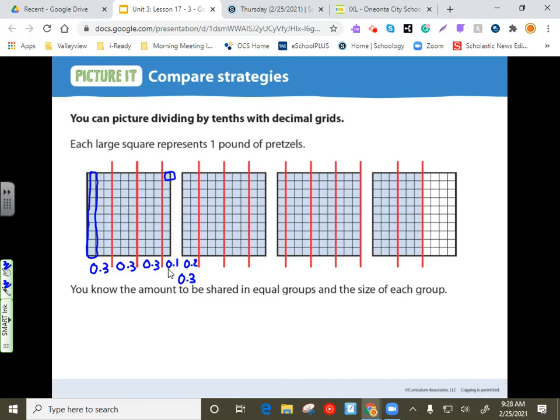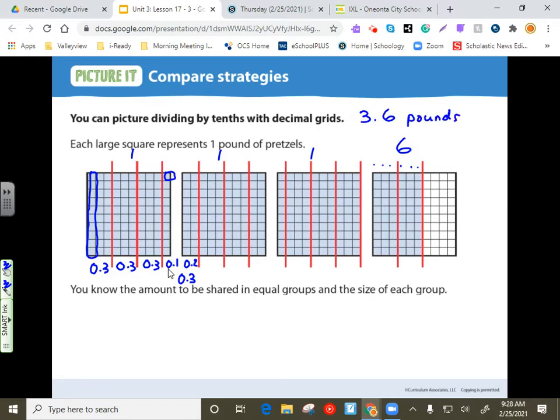So just keep that in mind. Obviously we've got 1 whole, 2 wholes, 3 wholes, and then 1, 2, 3, 4, 5, 6, 6/10. So that whole grid here represents that 3.6 pounds.